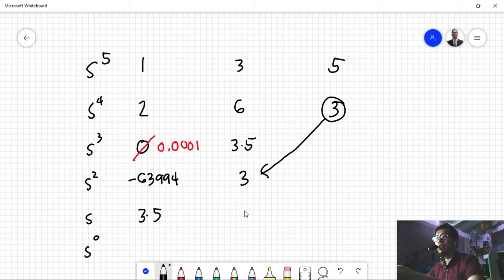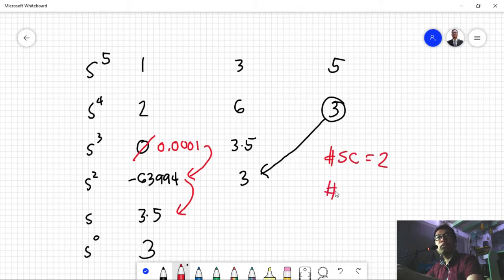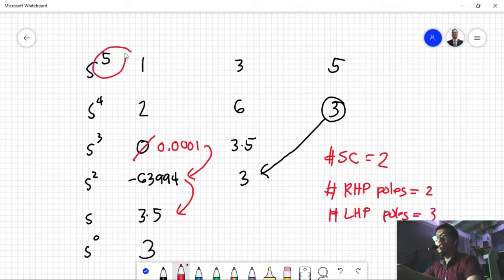Okay, and then ito ay 0. Dahil 0 itong dalawa, so 0 ito. And then this becomes 3. Okay, so from there, makukuha natin ngayon na meron tayong isa. Okay, and then dalawang sign changes. So you know, the number of sign changes na meron tayo equals 2. Okay, so therefore the number of right half plane poles is 2, and then the number of left half plane poles is 3, kasi 5 itong ating highest degree.